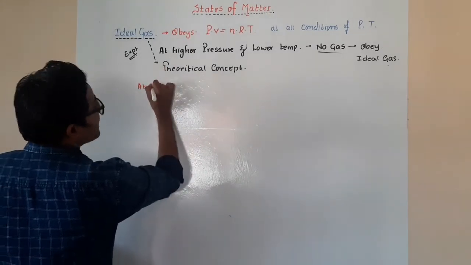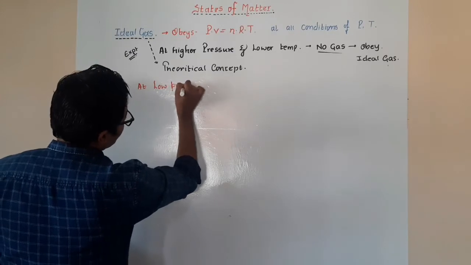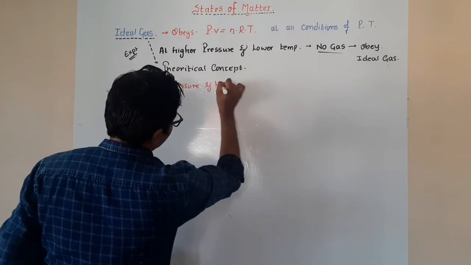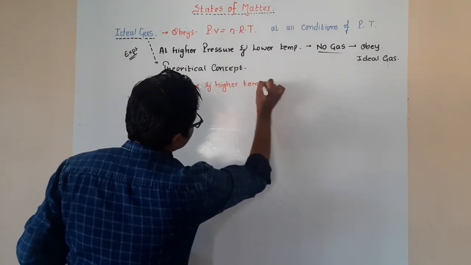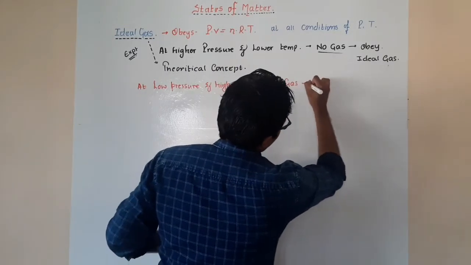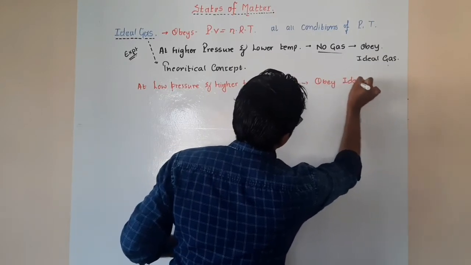On the other hand, if this particular experiment was conducted at conditions such as lower pressure and higher temperature, at this particular condition the gases obey the ideal gas equation.